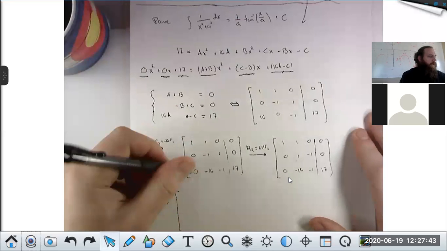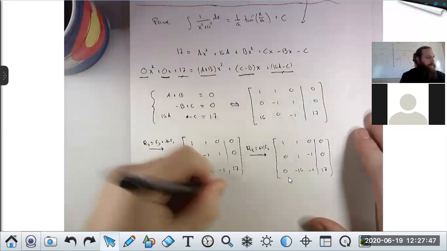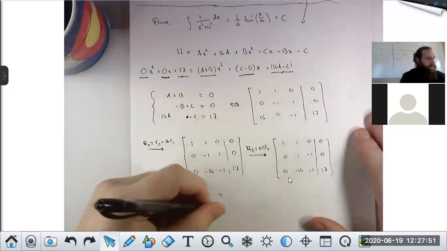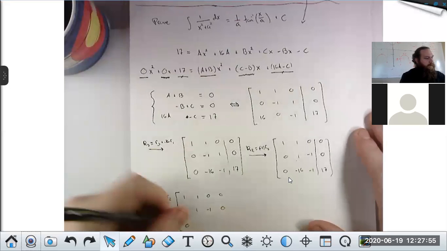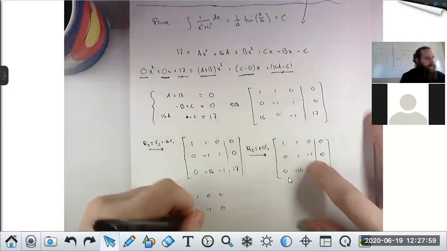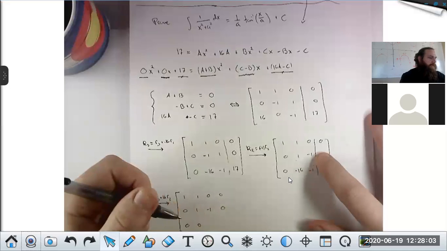Rows 1 and 2 don't change, so I leave them. Row 3 is being changed here. This guy stays 0. 16 times 1 plus negative 16 is 0. That's by design. 16 times negative 1 is negative 16.